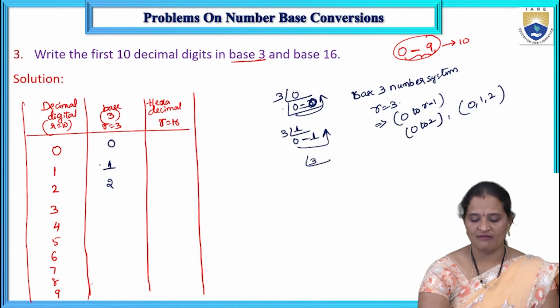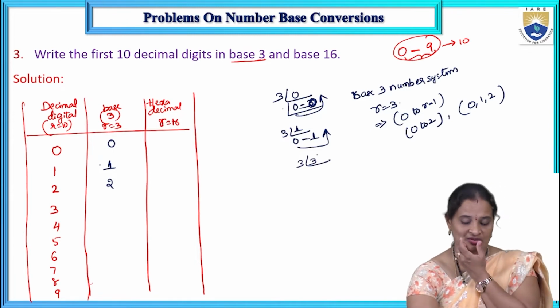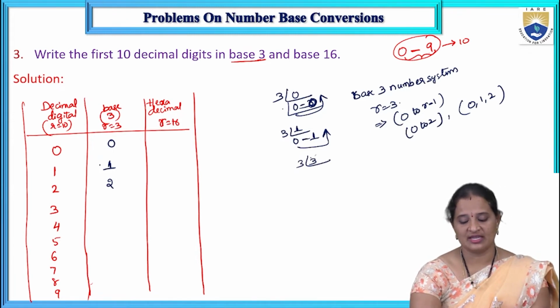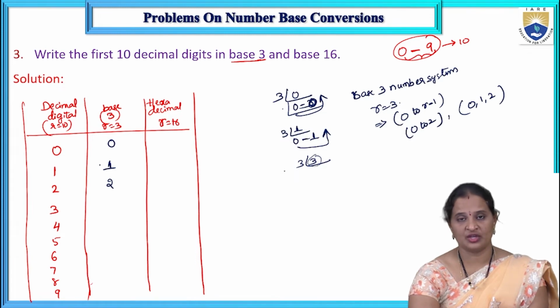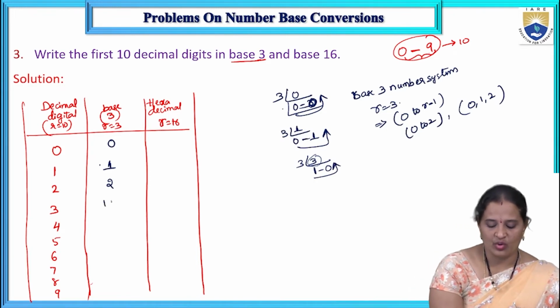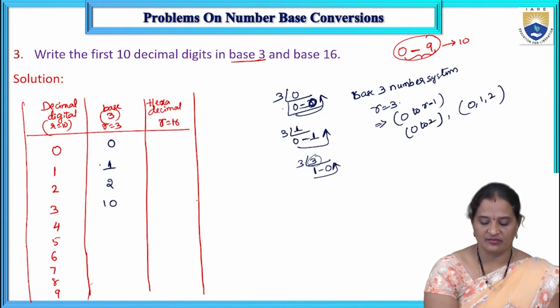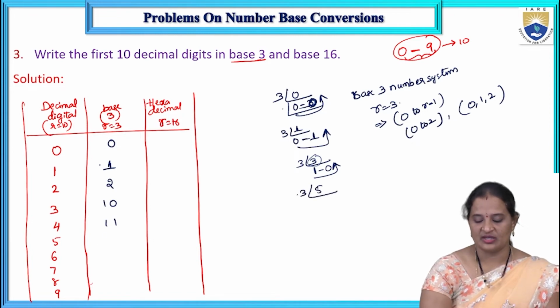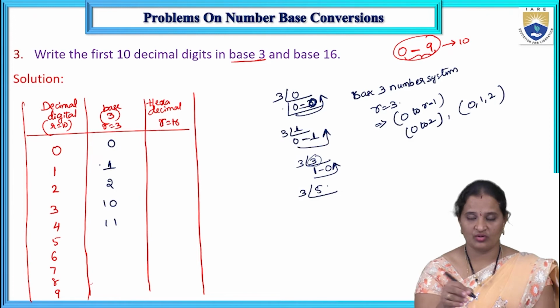Now 3: I have to divide this one by 3. This is a decimal digit, and now I am converting it into base 3. 3 ones are 3, and the remainder is 0. So now the answer will be 1, 0. And for 4, it is 1, 1. And 5: 5 is a decimal number and I want to convert it into base 3, so I am dividing this one by 3. 3 ones are 3, and the remainder is 2.